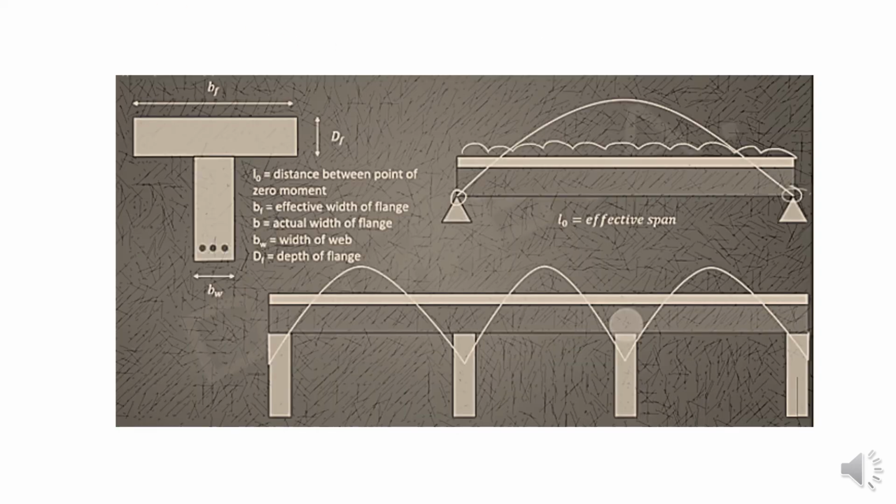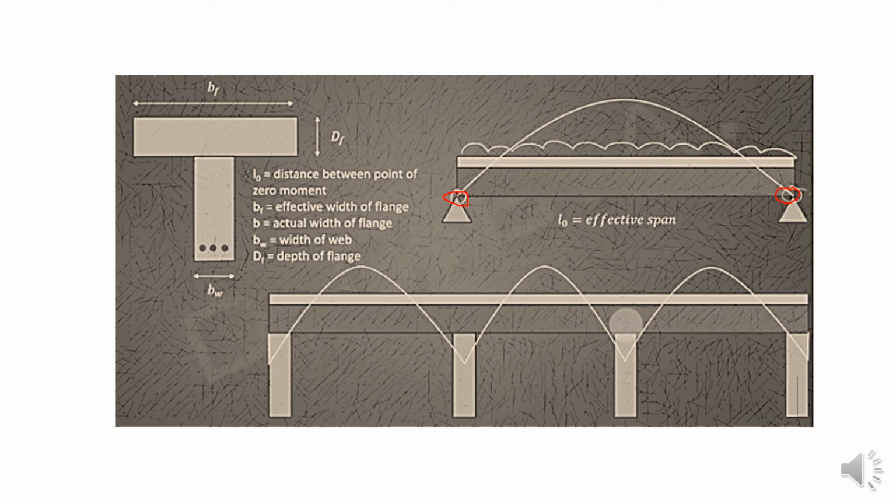Now let us see how we can calculate this L0. L0 is the distance between the points of zero moment, where the zero moment happens in a beam. Suppose we take this simply supported beam, with a UDL acting like this. This is the bending moment diagram, parabolic, where the zero moment is at the supports. So L0 will be nothing but the effective span. Let us take this continuous beam. This is the bending moment diagram for a continuous beam.